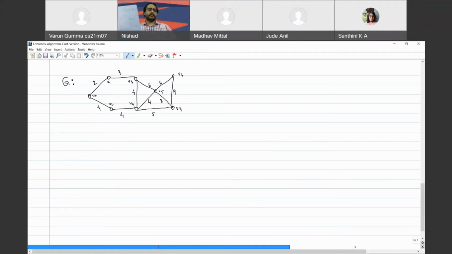All right. So we want to find a minimum cost perfect matching in this graph using Edmonds Blossom algorithm for the cost version, which we haven't seen yet. But we will just go through this example and formulate the algorithm on the way.